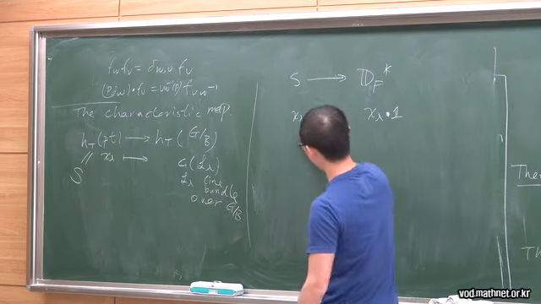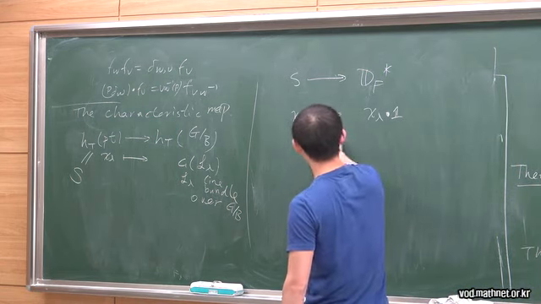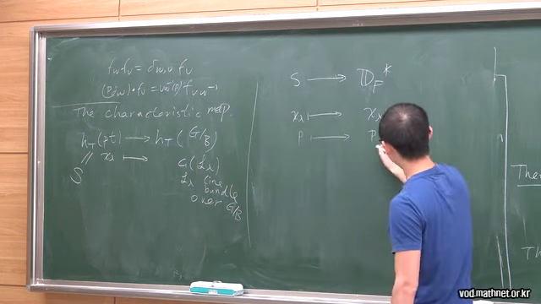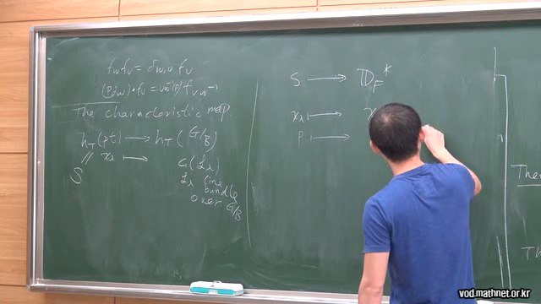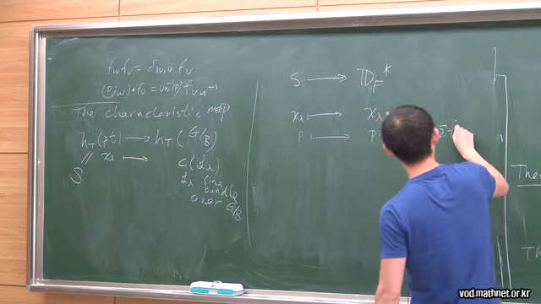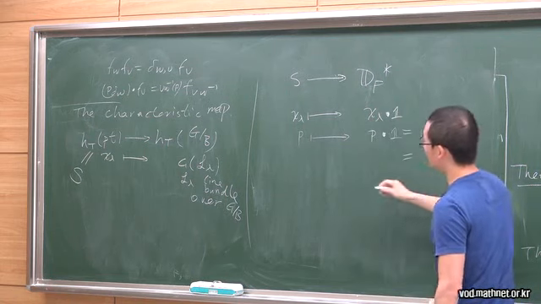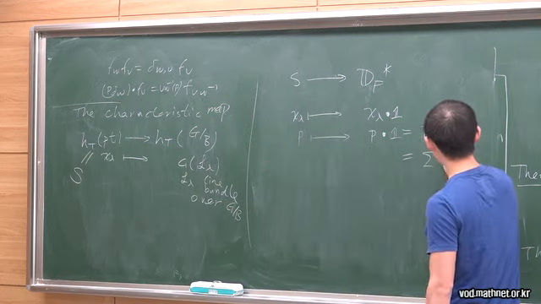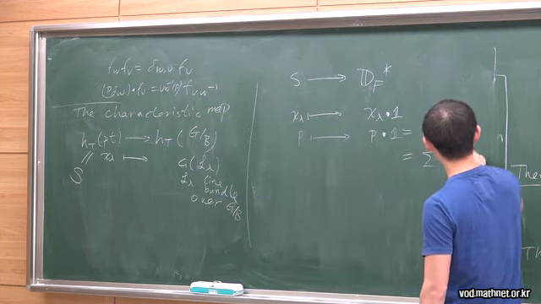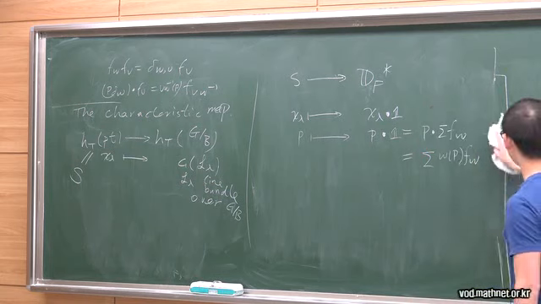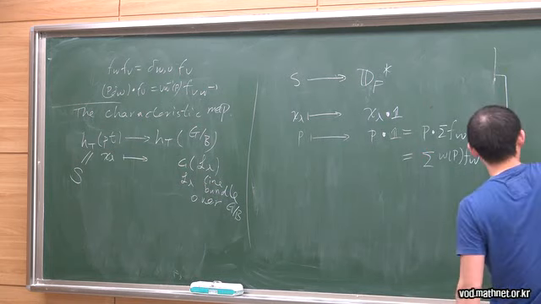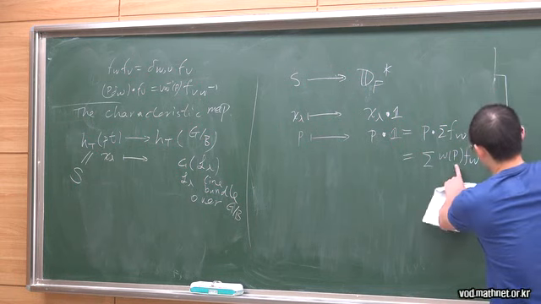Or in other words, if you have a general power series P, you send it to P bullet 1. Of course, we know 1 is the sum of FW. So by this formula, this is equal to the sum over W of P applied to W. So after applying P, it's no longer W invariant because the coefficient depends on W.